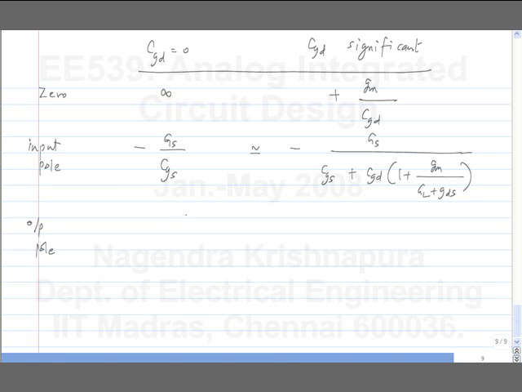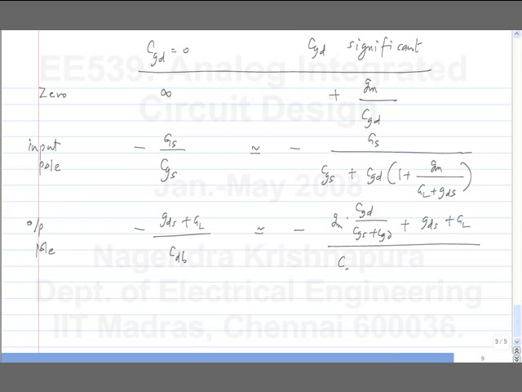So the output pole is, without this, at GDS plus GL by CdV, and here it's approximately equal to... So what has happened to the poles with the presence of CGD?